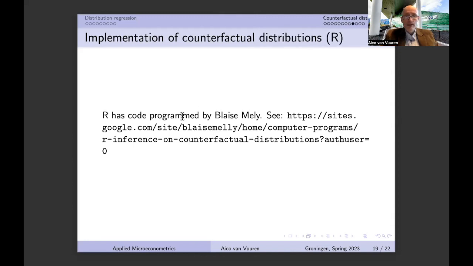On his website, you can download R programs that also do counterfactual distributions. He looks a lot at counterfactual distributions, like myself, and he does have a lot of code doing counterfactual distributions in R, but you can also find it in Stata.